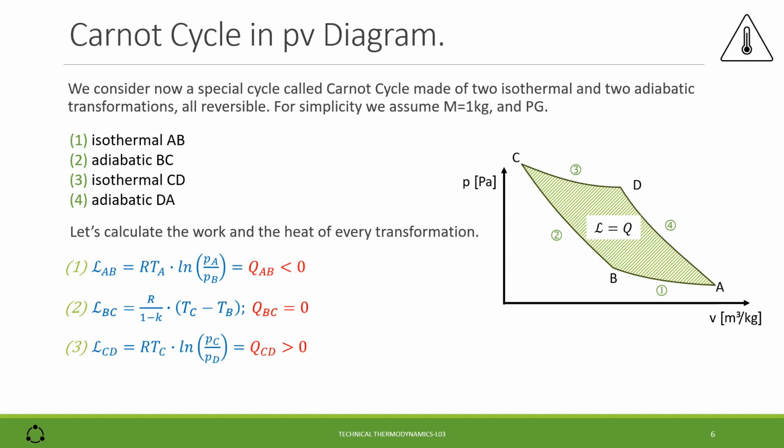The transformation 3 is also isothermal, so we have a similar expression for the work as in number 1. And in this case, since PC is greater than PD, the heat is positive. The transformation 4 has also similar expression as number 2, since adiabatic, and the Q is 0.